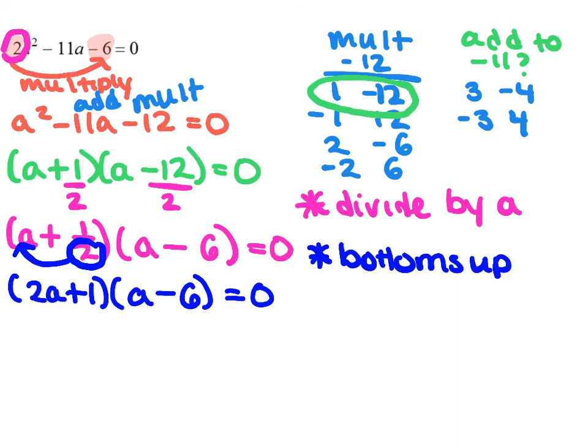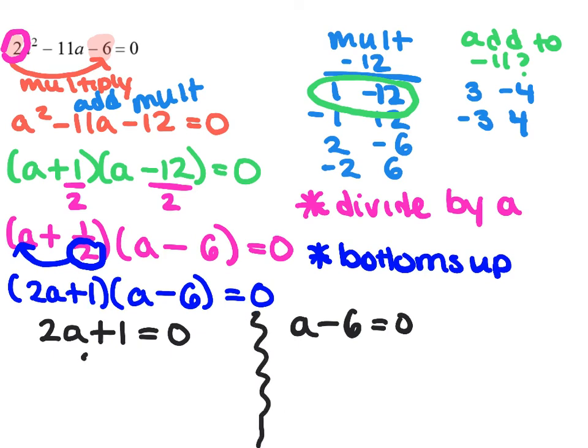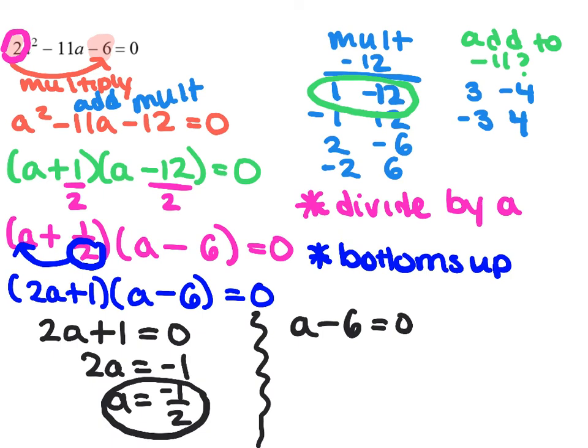The last part is to solve. So you could say 2a plus 1 equals 0, and a minus 6 equals 0. If you solve as you normally would, you'd have 2a equals negative 1, so a equals negative 1 over 2 as one answer, and a equals 6 as your second answer.